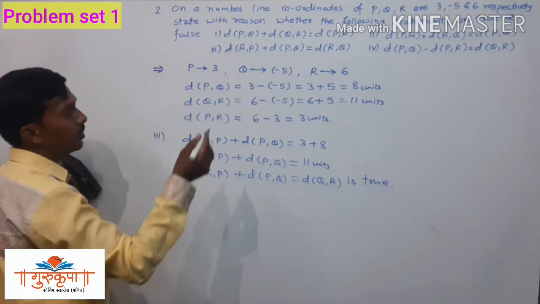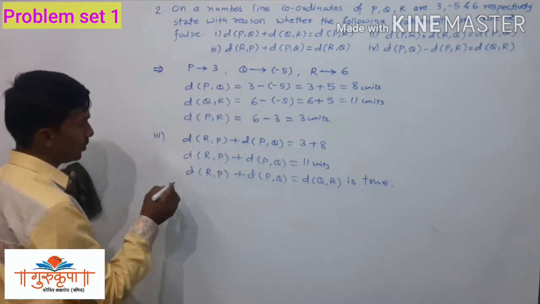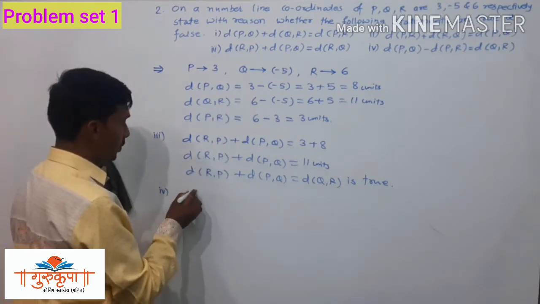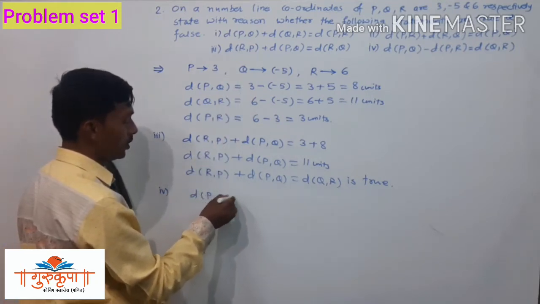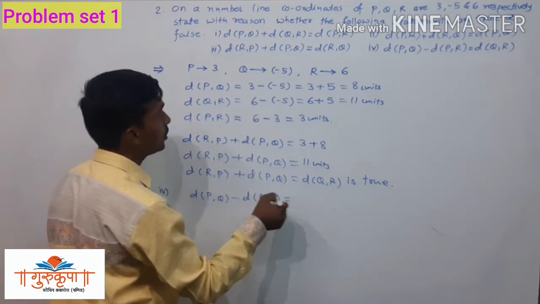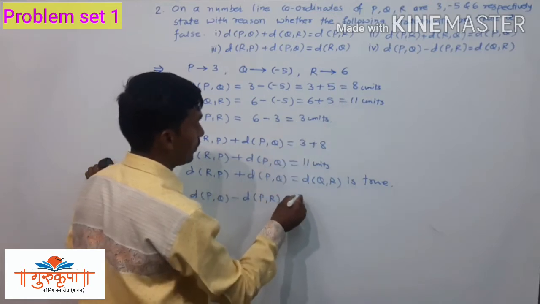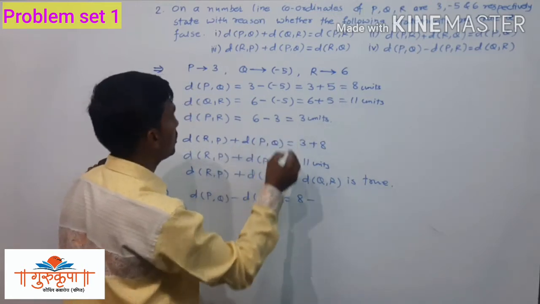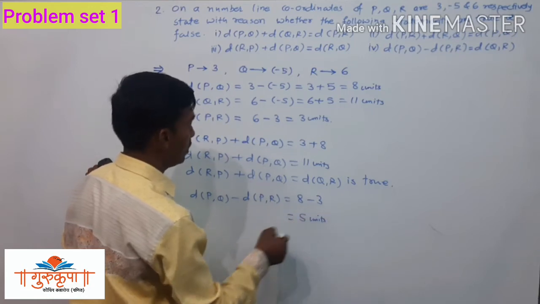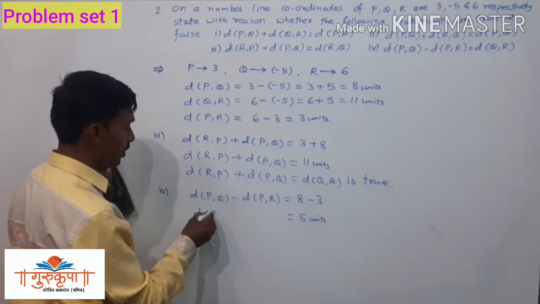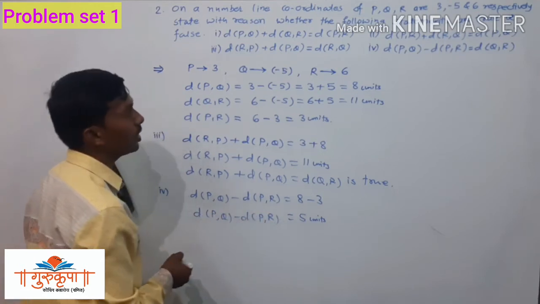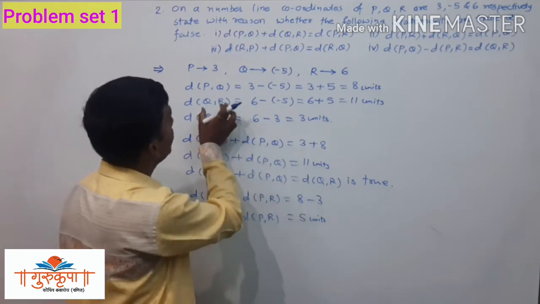Now we have to determine whether the fourth statement is true or false. Here we write the answer: distance PQ minus distance PR. Here distance PQ is 8 minus distance PR is 3, and it is equal to 5 units. Now we will check whether distance PQ minus distance PR is equal to QR or not, and see how much QR is.